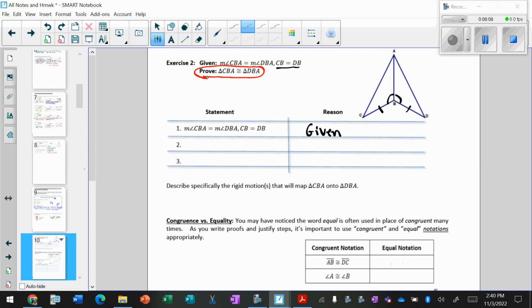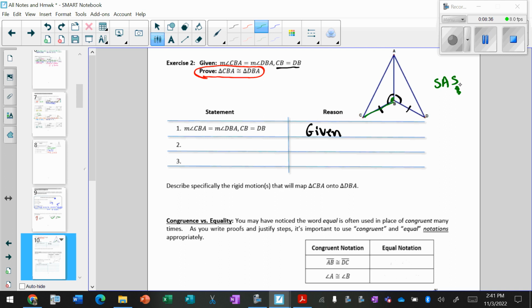Now this is easy to see which 2 triangles we're talking about. It's triangle CBA and triangle DBA. We're trying to get those 2 triangles congruent. At this point in your life, the only way you know to get those 2 triangles congruent is using side, angle, side. We are already given one side and the included angle. That means we need the other side.